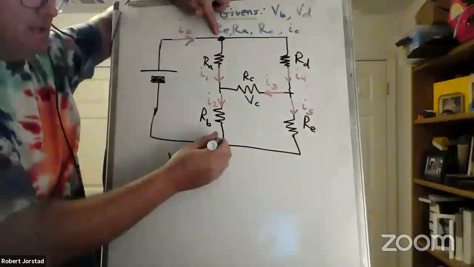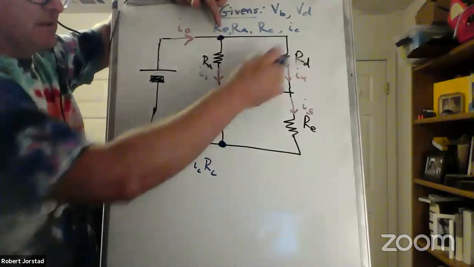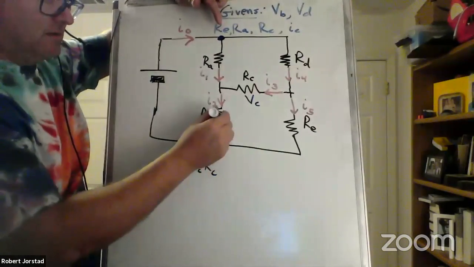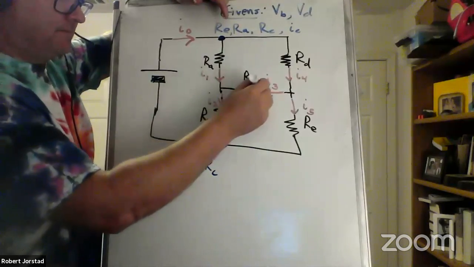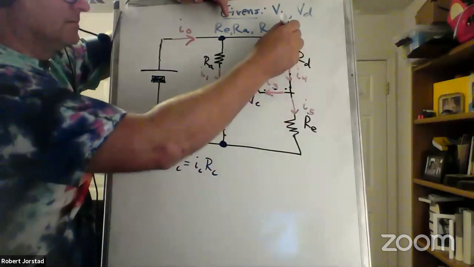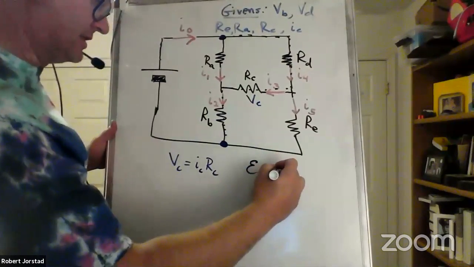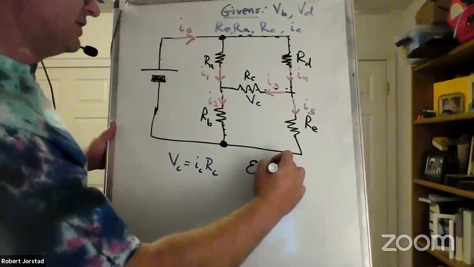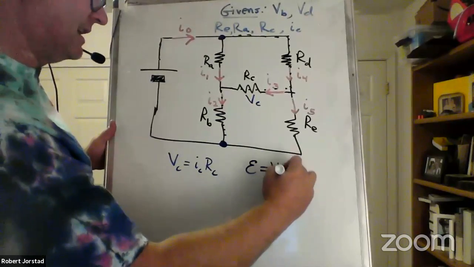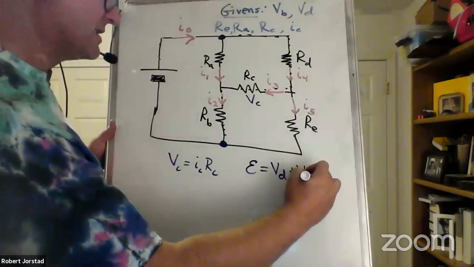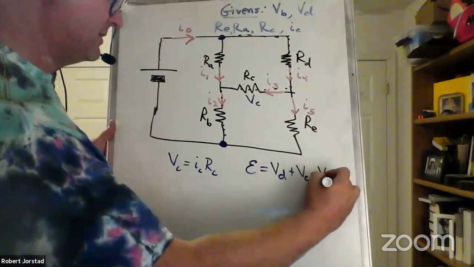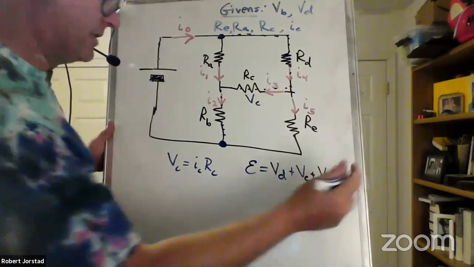But do you agree that should be voltage B plus voltage C plus voltage D? Interesting, but yeah. So what I did is I said, isn't E equal to voltage D plus voltage C plus voltage B? And we know all those now?